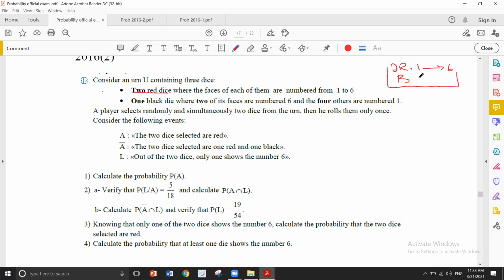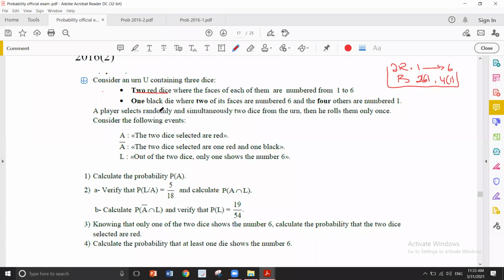two of the faces numbered 6 and 4 are numbered 1. So we have two red, each one numbered from 1 to 6, and one black. We have two 6s and four 1s.